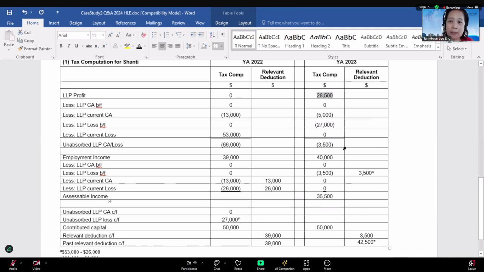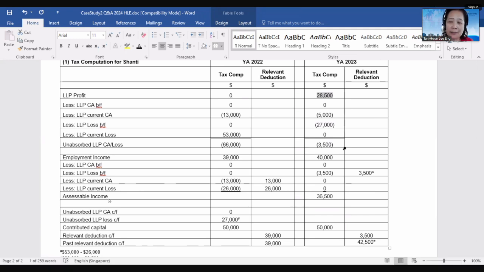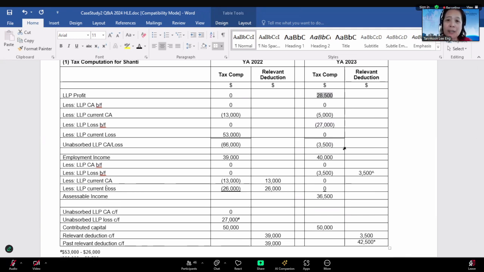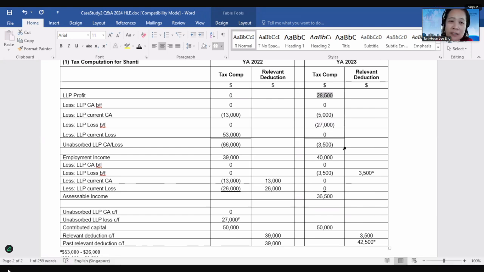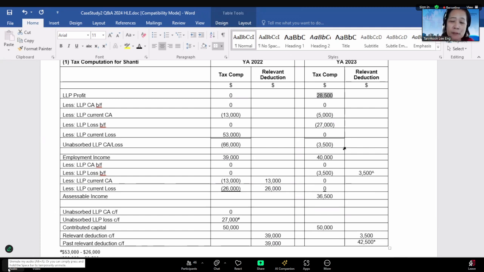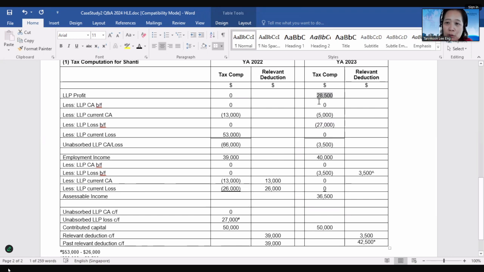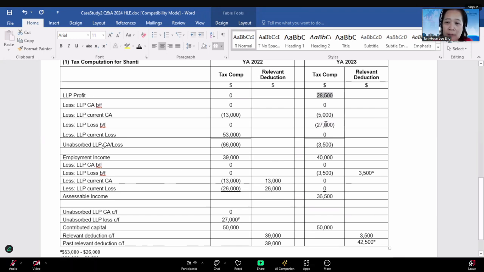The principle is when we talk about relevant deduction, it is always against other sources of income other than the LLP. So if the LLP has profit, there is no relevant deduction. You don't bother already. Whatever losses, previous year losses, you can offset against the profit of the same LLP. That is why it's been presented in such a manner to show you 5,000, 5,000, 27,000.